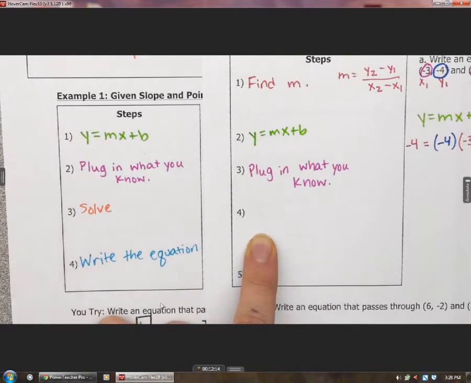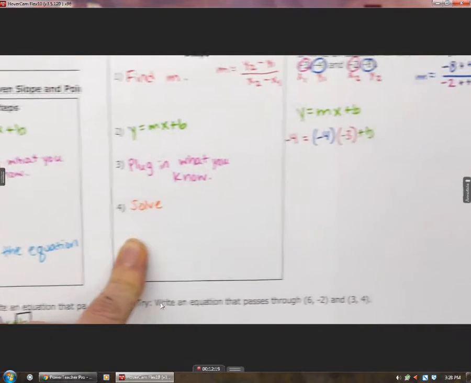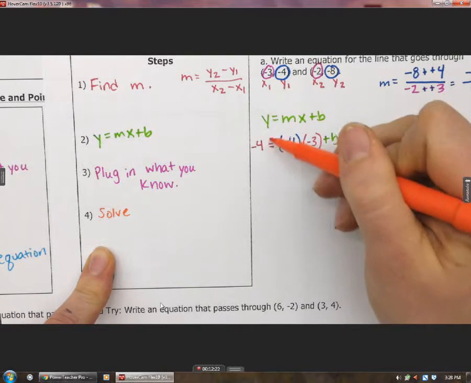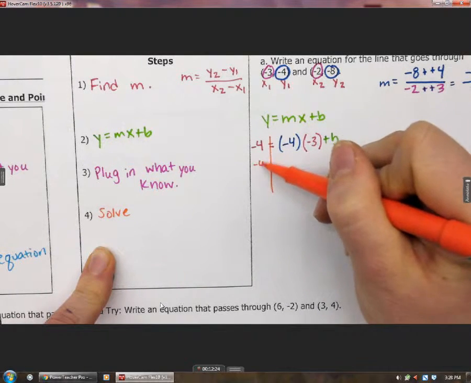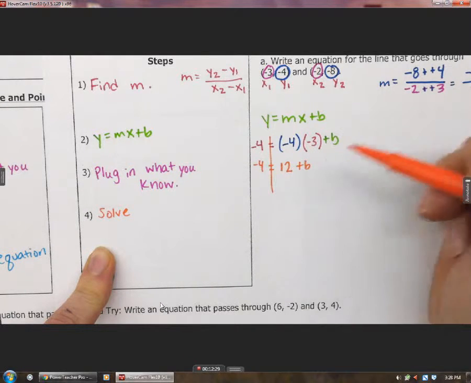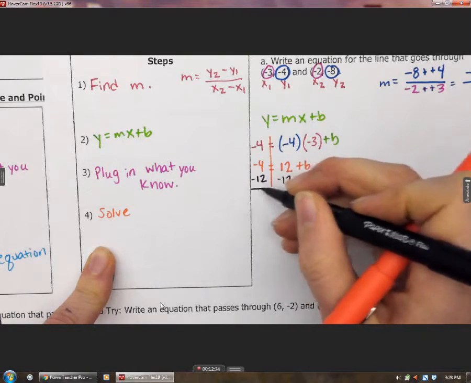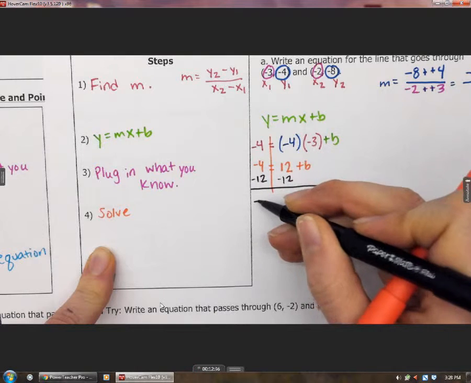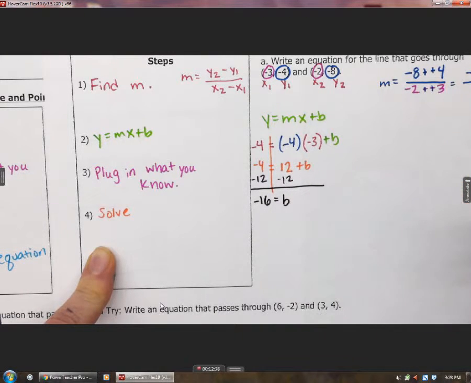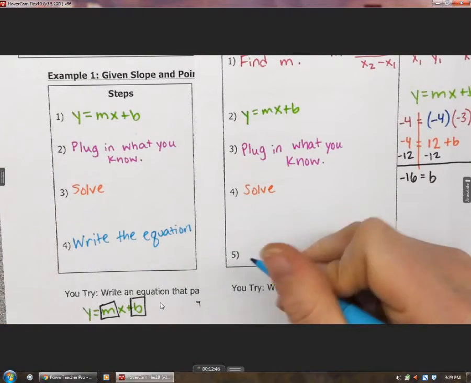Step 4 is to solve, just like we did before. So I still have negative 4 equals negative 4 times negative 3 is positive 12 plus b. Subtract 12. Negative 4 minus 12 is negative 16 equals b. Very last step, write the equation.